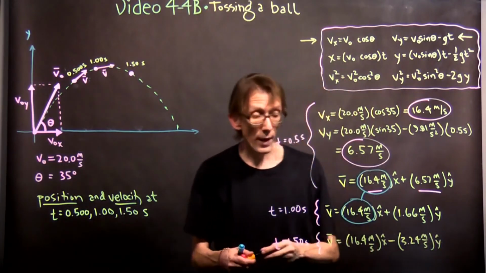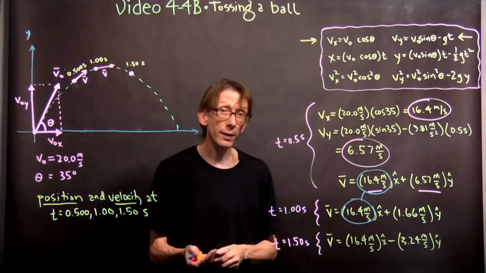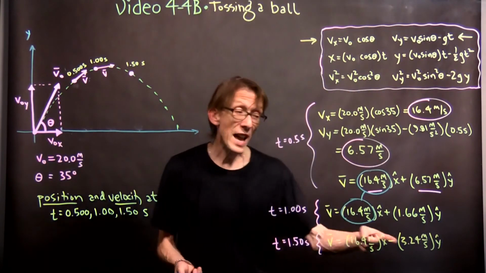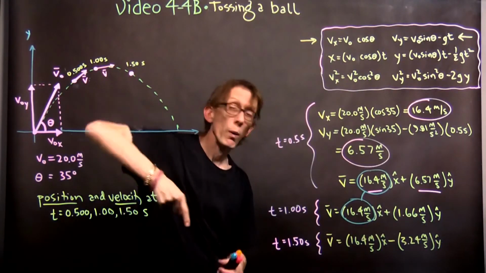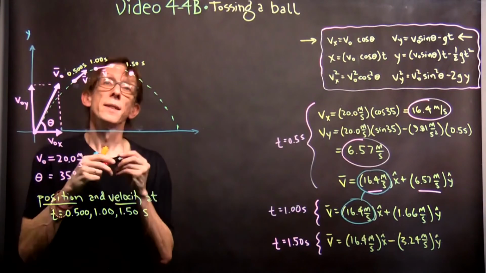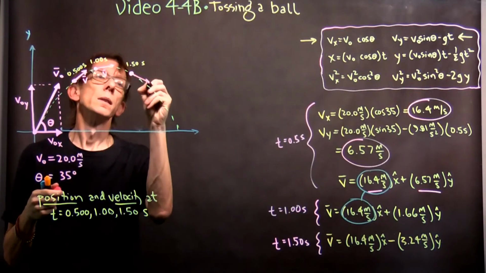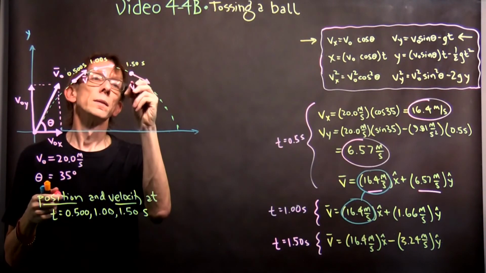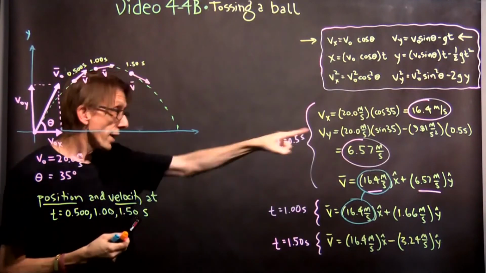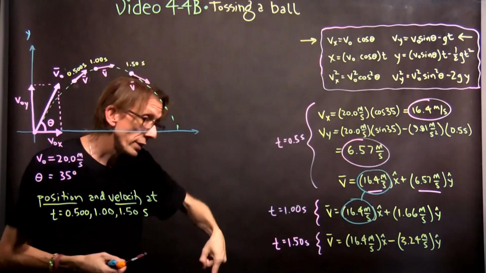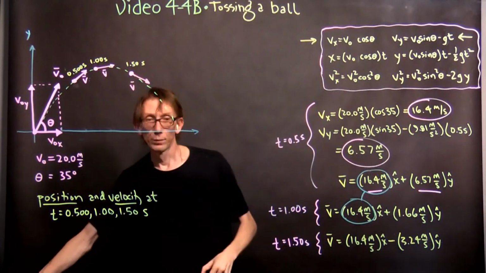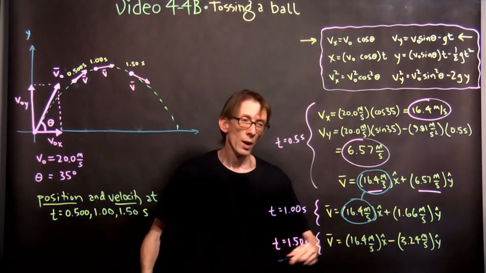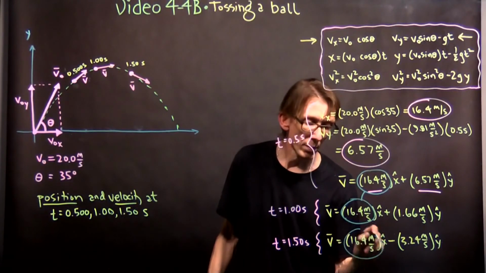So we have a positive x, which means it's moving to the right, but we have a negative y, which means it's moving not up, but down. So what we have is something like that. So it's moving to the right, so it's positive x, but it's also moving down, so it's negative y. And again, the same thing happens.